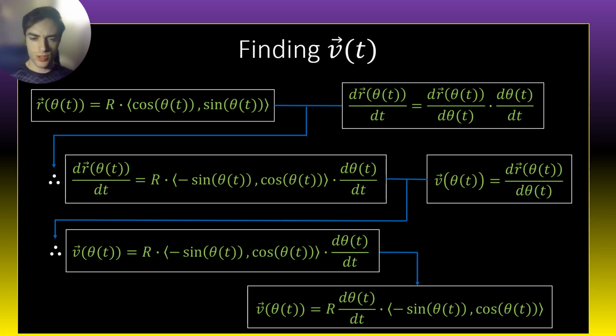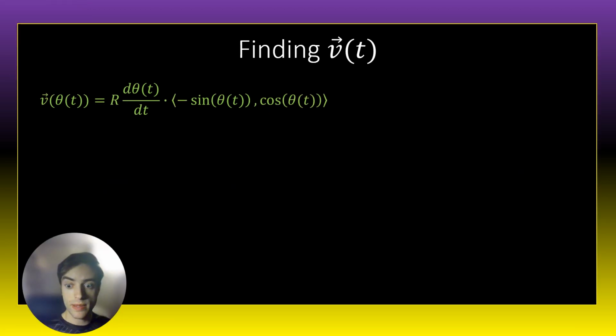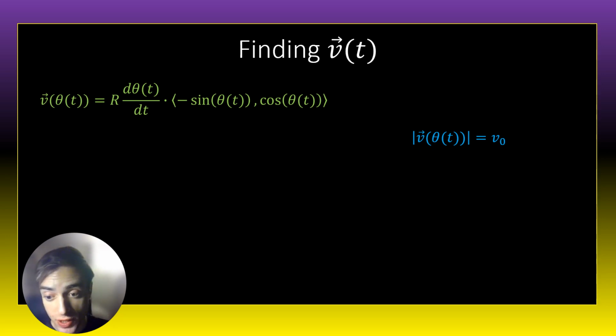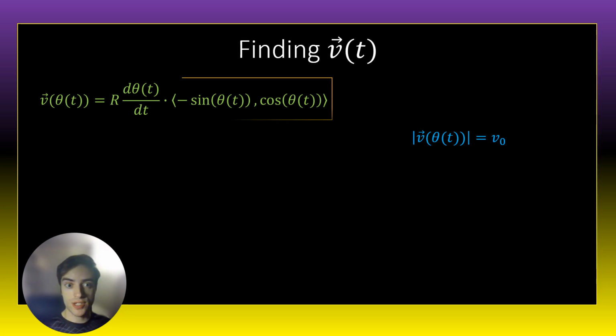But hey, what is the derivative of theta of t with respect to t? Because we don't know theta of t. So how do we solve it? All right, so we begin with the velocity in terms of theta of t. But we also know that the magnitude of this velocity must be a constant equal to v naught as our constant.